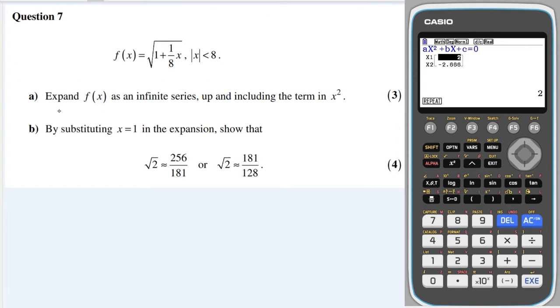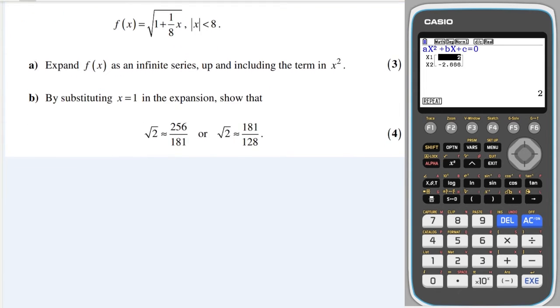Okay, next question, we've got a binomial expansion. So the first thing I'm going to do is write it as a bracket. So we've got 1 plus 1/8 x, and the square root means the power of a half. So we're going to use the formula, which is given in your formula booklet. It starts off with, and actually we can use it directly because this is 1, which is perfect.